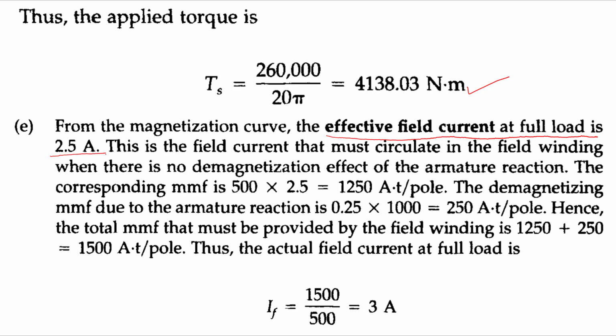Because you know the voltage, you know the resistance, you just divide it. What is the voltage given? Can you tell me? Field voltage? 120 volt. And resistance RF is? 30 ohm. Okay.